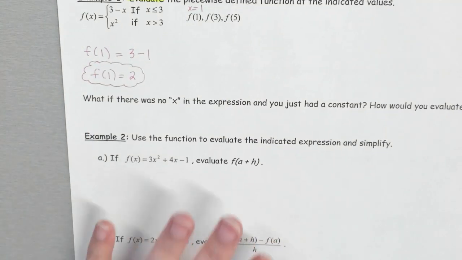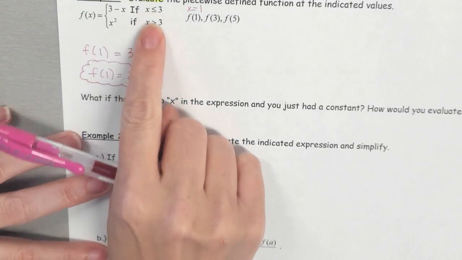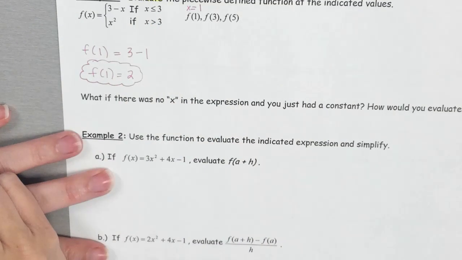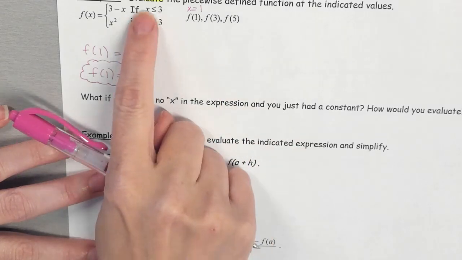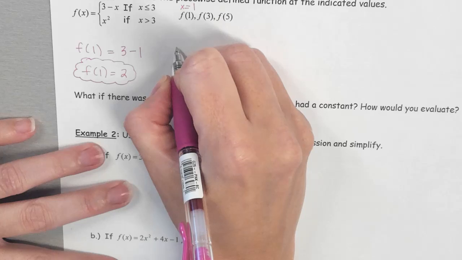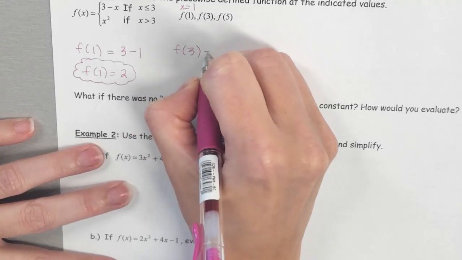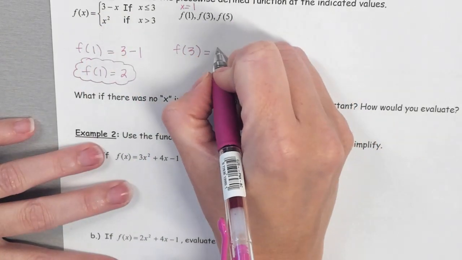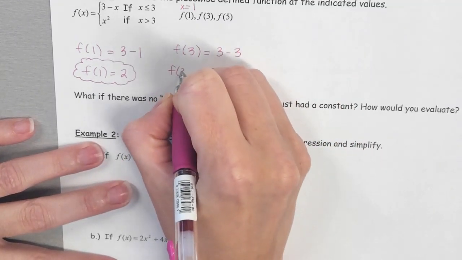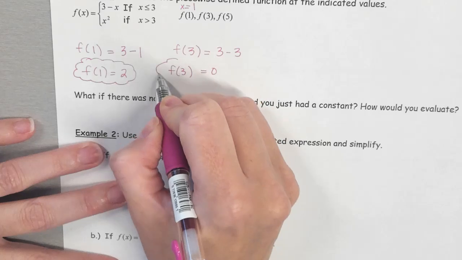Okay, so the equation you use is based on whether it's less than or equal to 3 or greater than 3. Okay, so which one would 3 fall into, the first one or the second one? Yep, so f of 3, again, we're going to use 3 minus x, which is 3 minus 3, so f of 3 would be equal to 0.